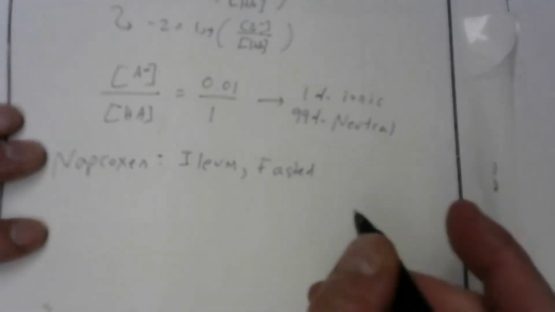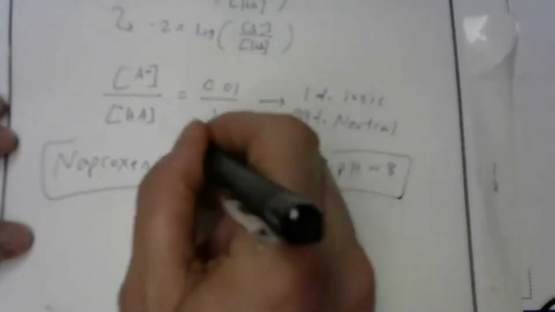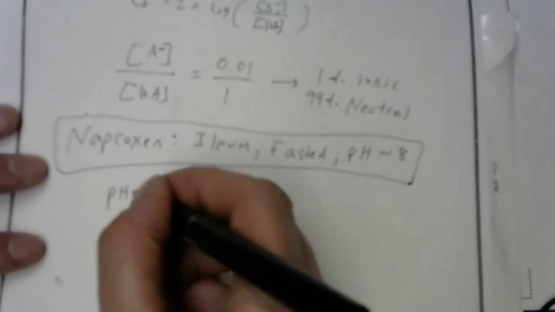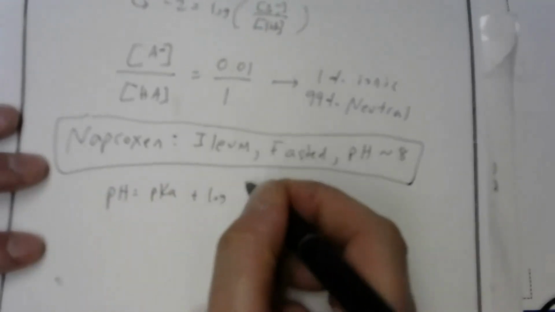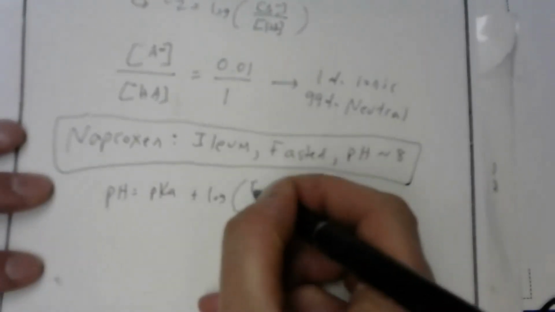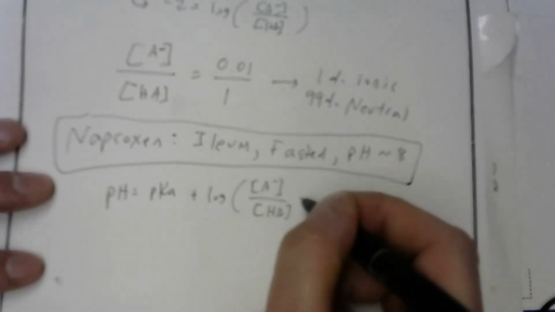So the pH is roughly, we'll say around 8. The equation is pH equals pKa plus log, also same, A minus over HA.